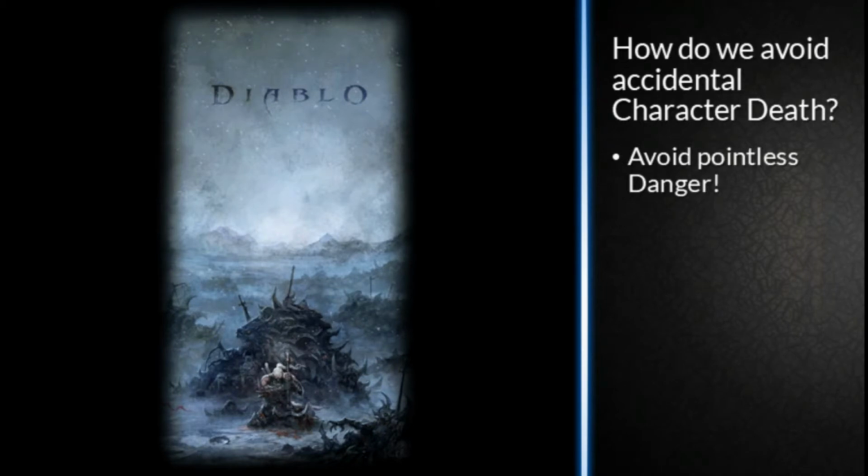Sounds pretty straightforward, right? Well, probably all of you have played pen and paper campaigns and know that sometimes it's not that easy. Because, for one, you don't always know when a situation is dangerous.